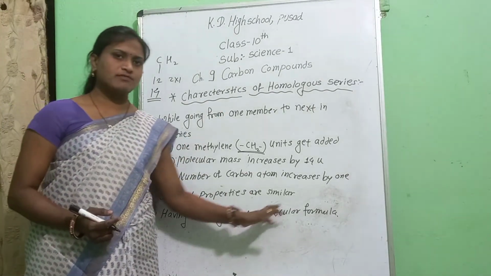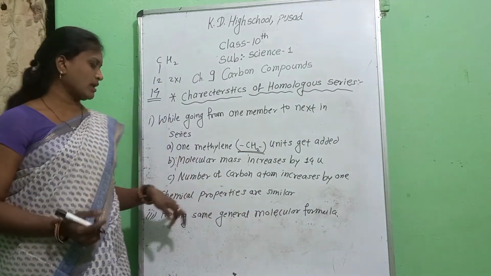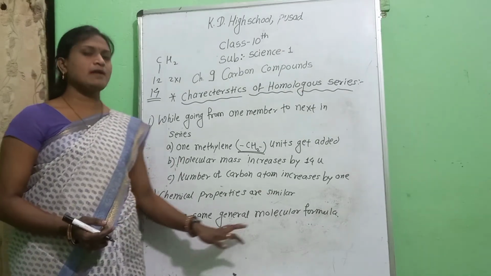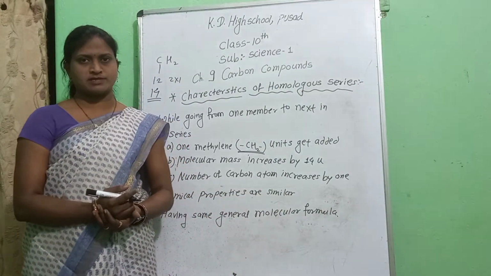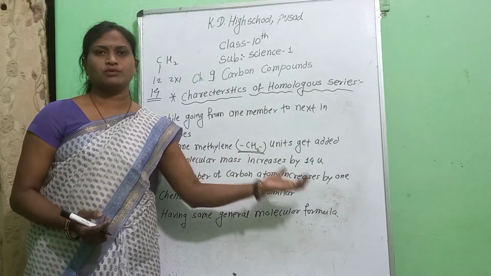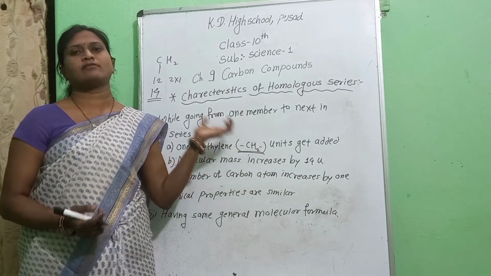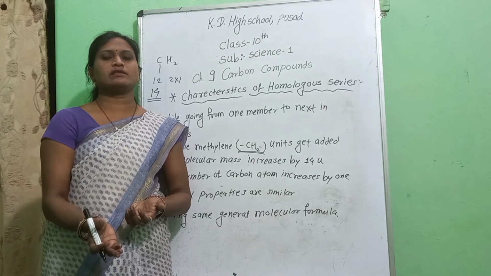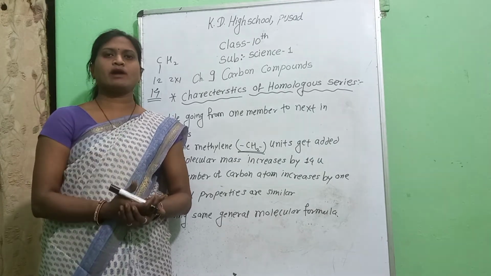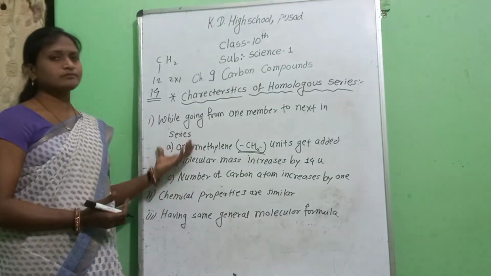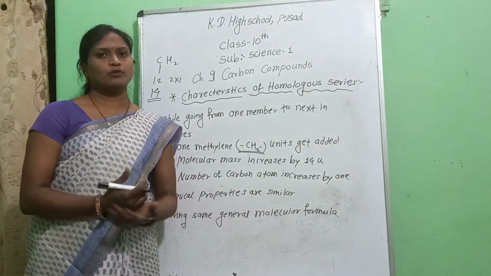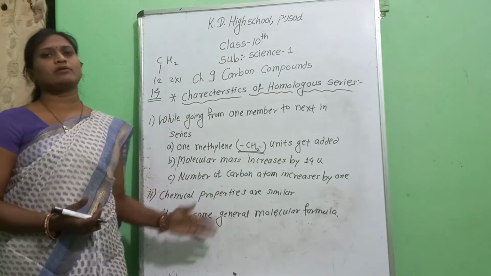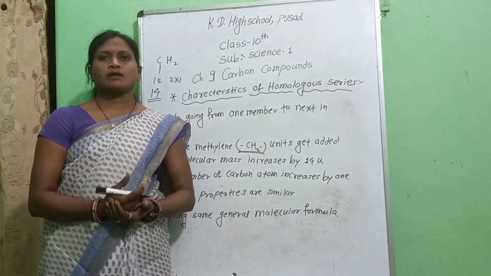As they have the same functional group, they all show similar chemical properties and have the same general formula. We have discussed CnH2n-2 and CnH2n; likewise the whole series has the same general formula, and if you know the number of carbon atoms, you can generate the molecular formula for a specific compound. So this is all about the homologous series in carbon compounds.